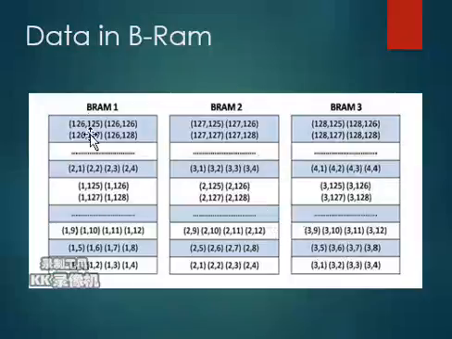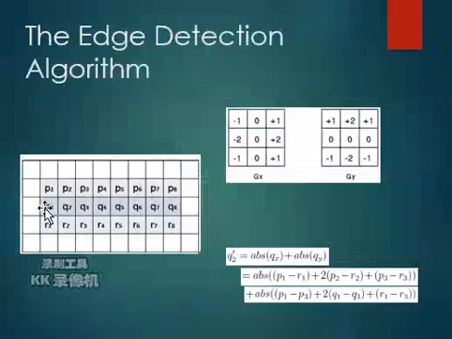We did that because, as we said before about the convolution, we need these three consecutive lines, so we have to put different data into 3 BRAMs and feed it into the data path.